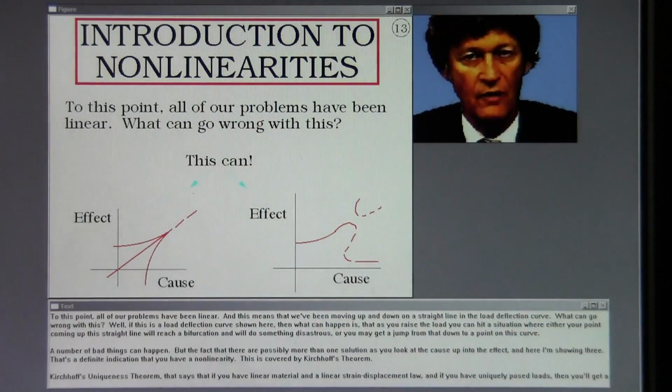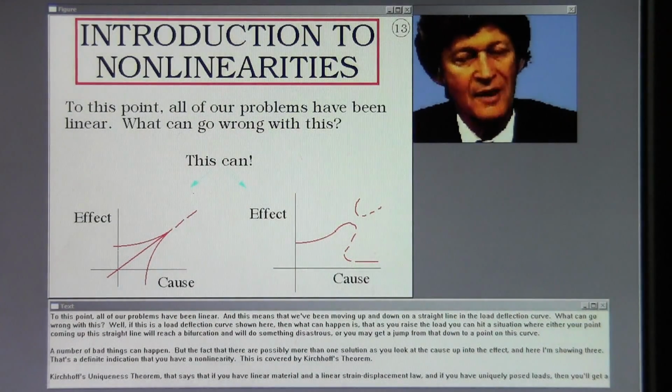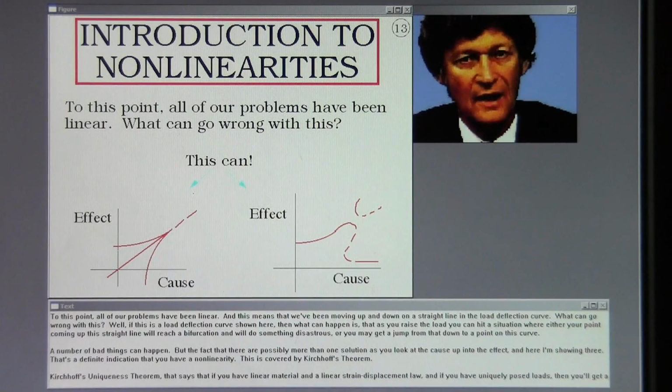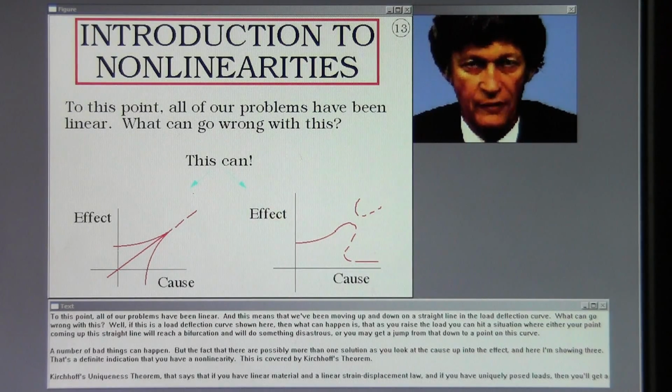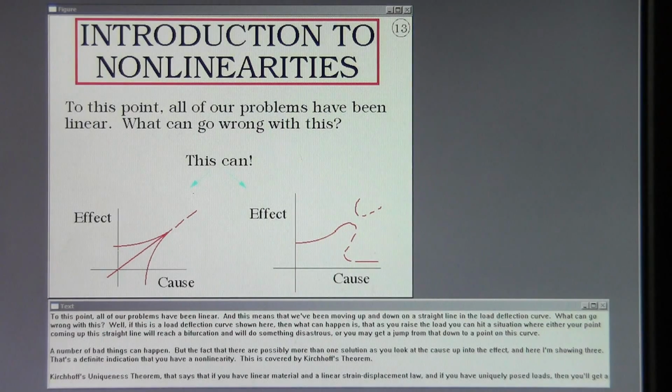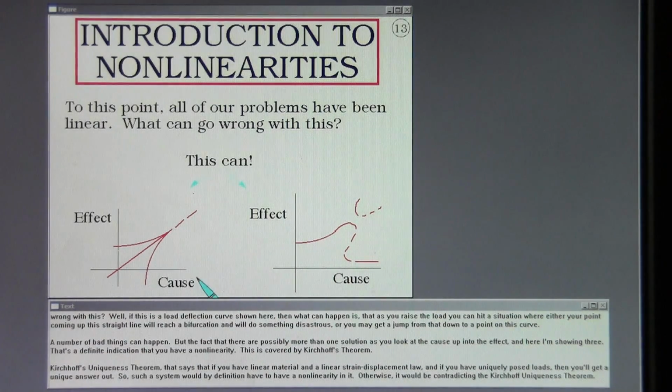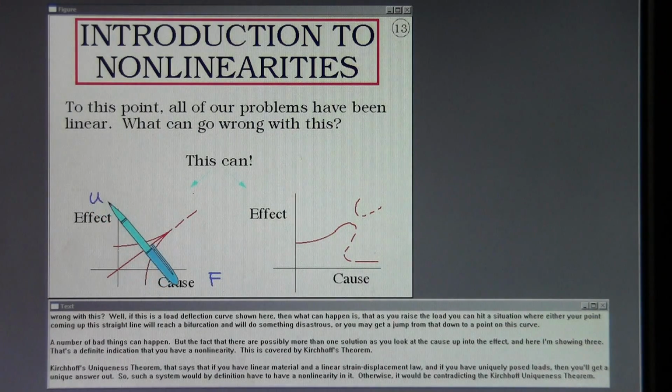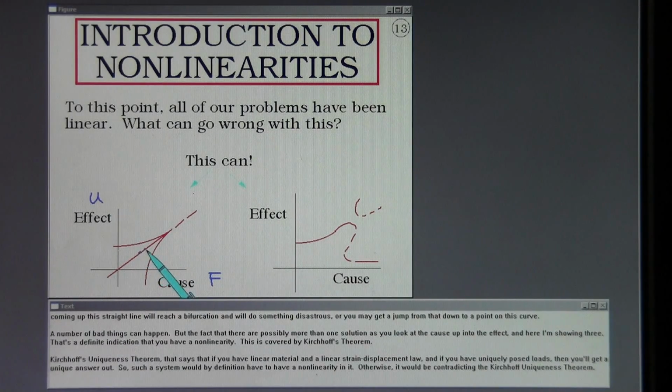To this point, all of our problems have been linear, and this means that we've been moving up and down on a straight line in the load deflection curve. What can go wrong with this? Well, if this is a load deflection curve shown here, then as you raise the load, you can hit a situation where either your point coming up this straight line will reach a bifurcation and will do something disastrous, or you may get a jump from that down to a point on this curve.